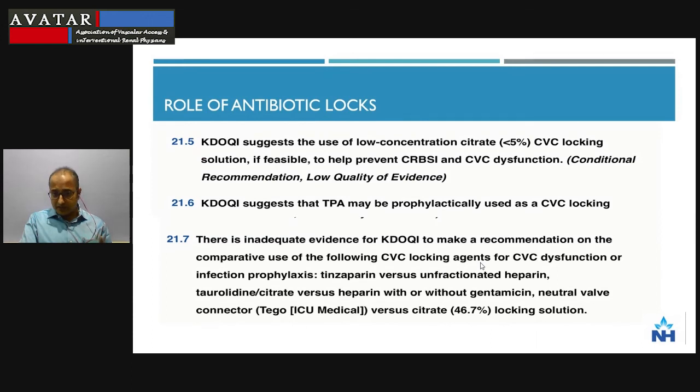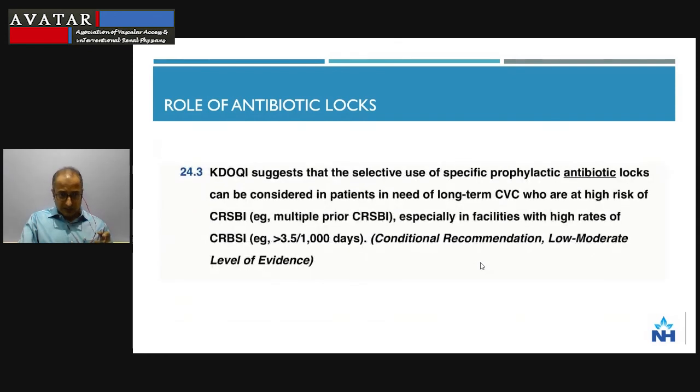Anything more than that is not acceptable according to KDOQI. If you do the things that I've already talked about, you can prevent catheter infections and get your infection rate below 1.5 per 1,000 catheter days. By not doing those things, not following aseptic techniques, and just moving on to catheter locks, you cannot reduce your infection rates, and you're only going to create more microbiological resistance.